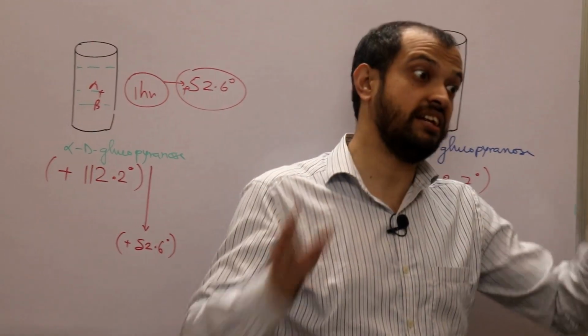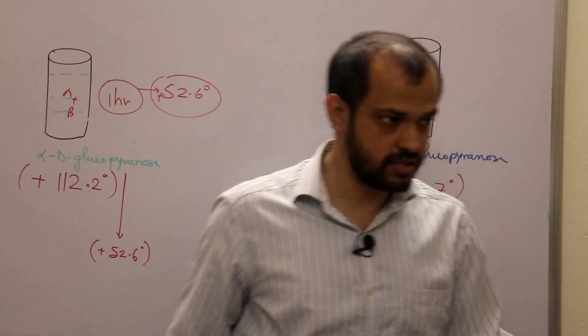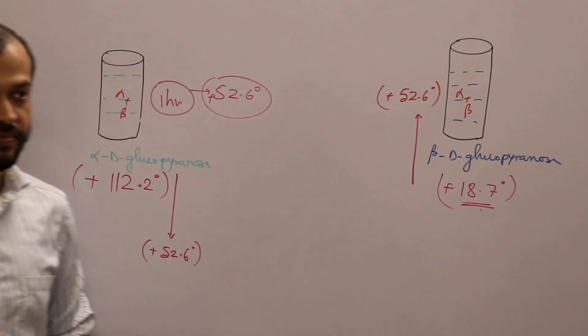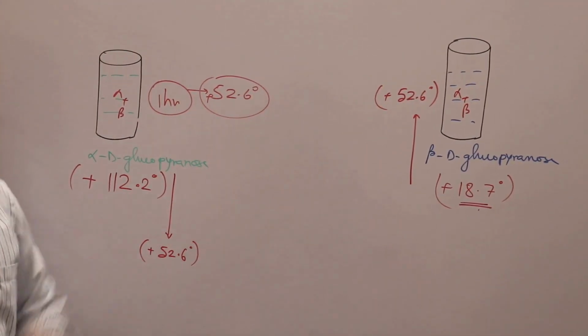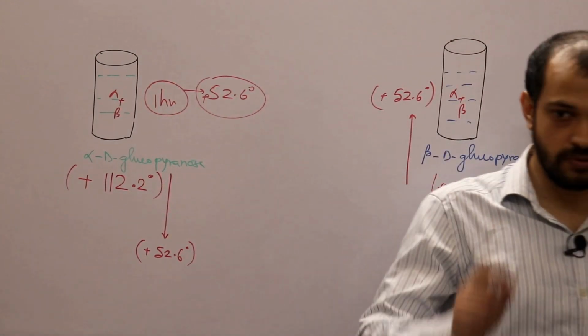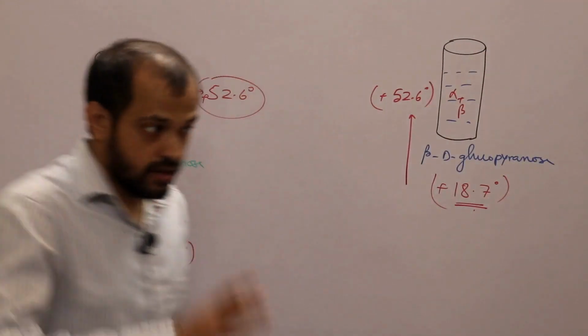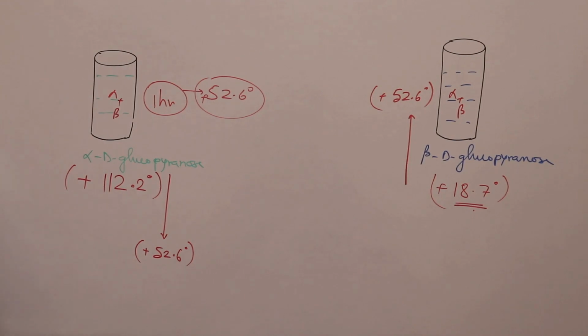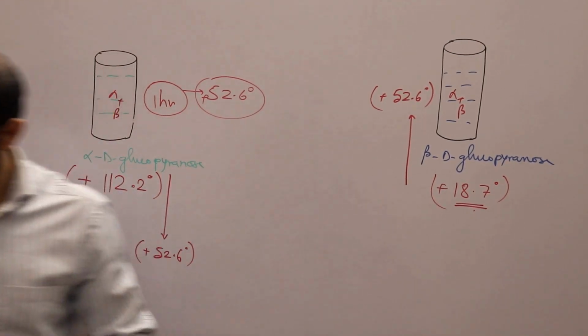There are formulas, there are even sums related to this which you will face in your exam, and right now we are talking about that. Don't worry, it's an easy sum.